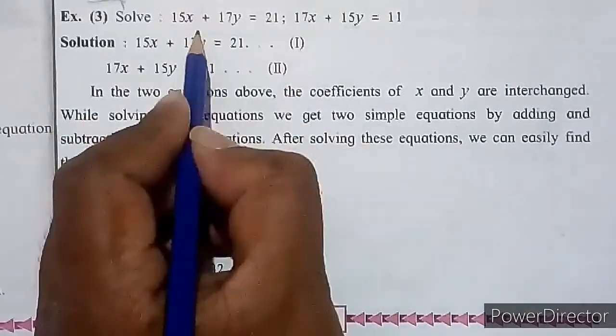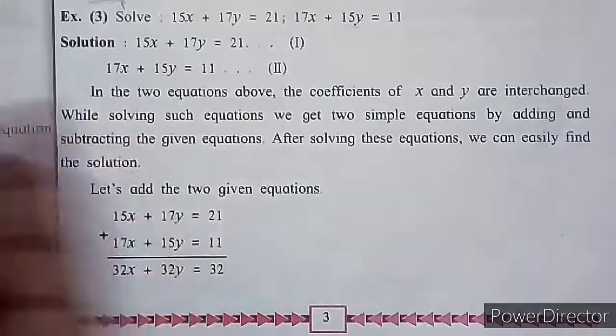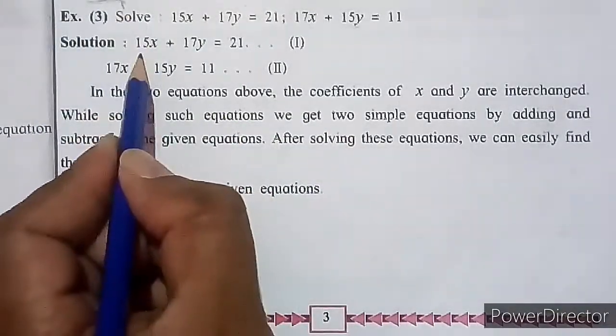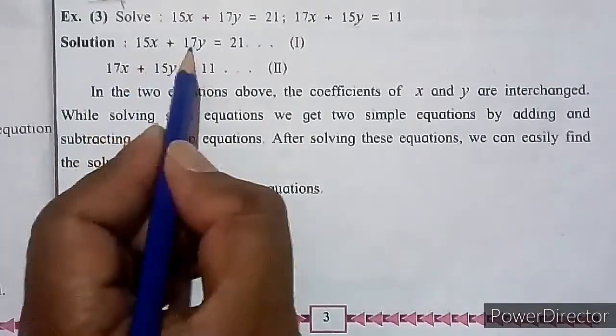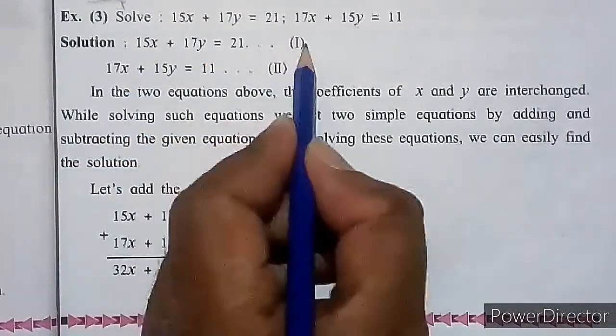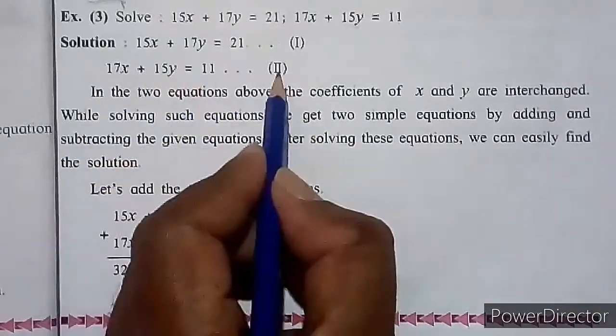Such an example seems difficult, but it is very easy. Now how to solve such equations? Write down 15x plus 17y equals 21, which is equation number 1, and 17x plus 15y equals 11, equation number 2.